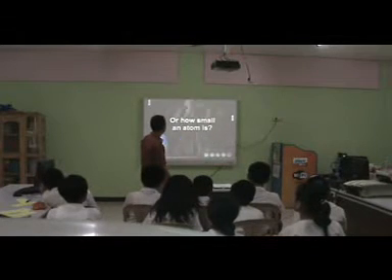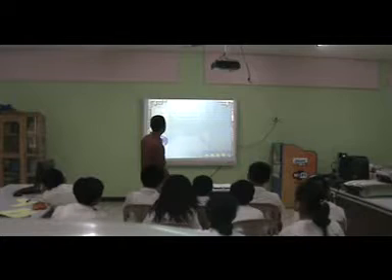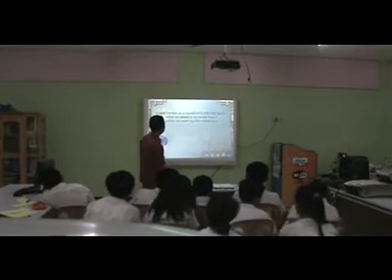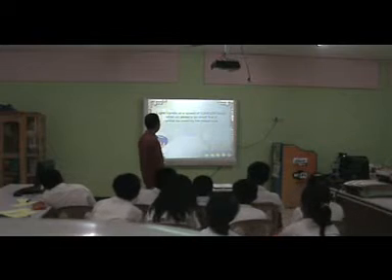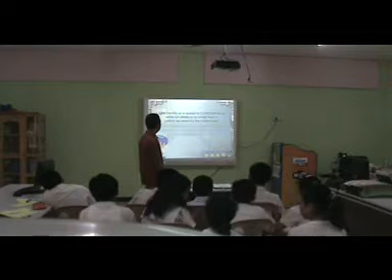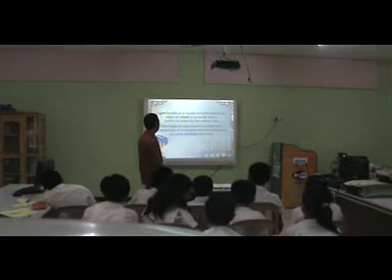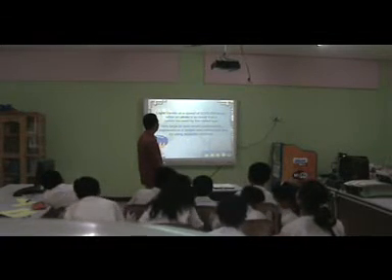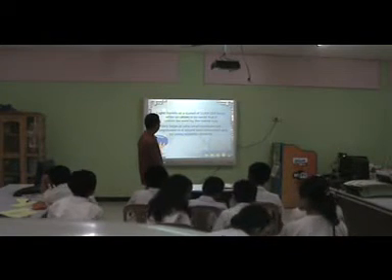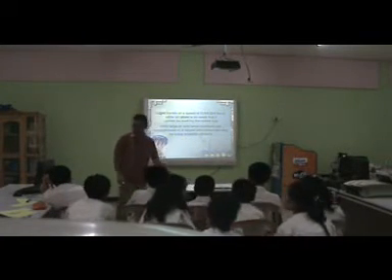Or how small an atom is? Light travels at a speed of 3 million kilometers per second. While an atom is so small that it cannot be seen by the naked eye. Very large or very small numbers can be expressed in a simple and convenient way by using scientific notation.